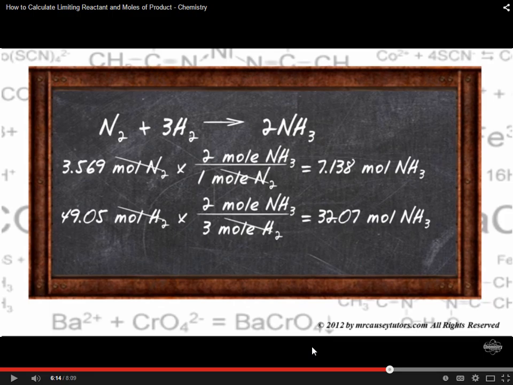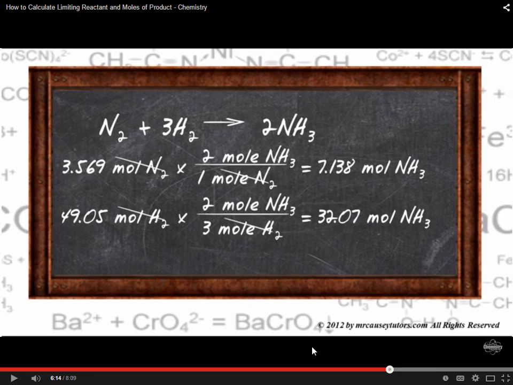So just because we have the least number as ammonia, we've got to say, okay, well, where did this come from? It came from which part? The nitrogen. So if we go back and look at the very beginning of this problem, we started out with the exact same amount of hydrogen and nitrogen, right? But because one of them is less product, what is the most we can make? The most or the least?